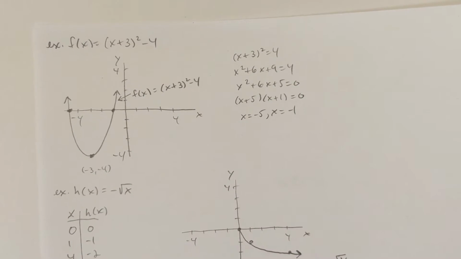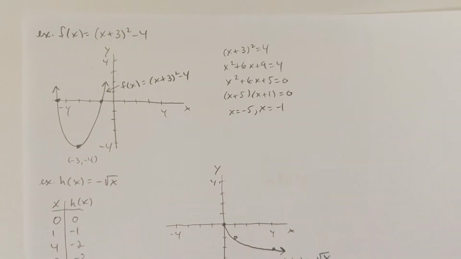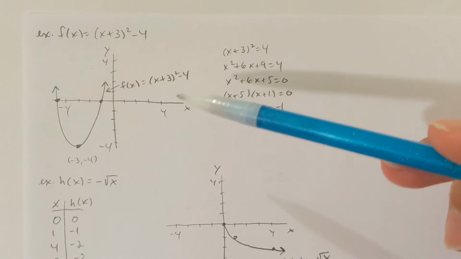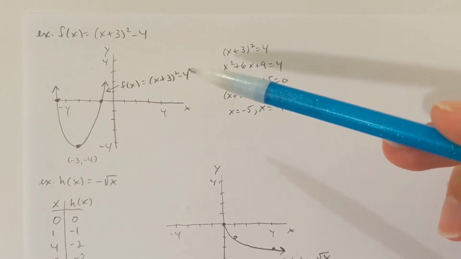Here's an example. Suppose we have f of x equals the quantity x plus 3, squared, minus 4. Then we know that we're graphing something related to y equals x squared.